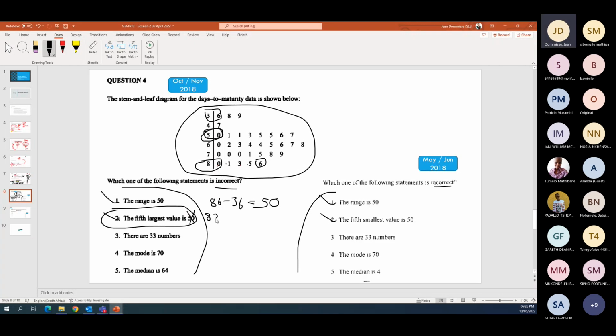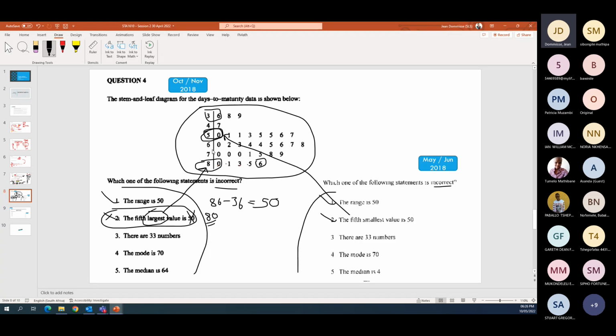It's easy to make that mistake because I was just counting from the bottom, but the fifth largest number is sitting there, so that is supposed to be 80. The fifth smallest number is 50. So in that exam that statement was correct, but in this exam it was the incorrect one.